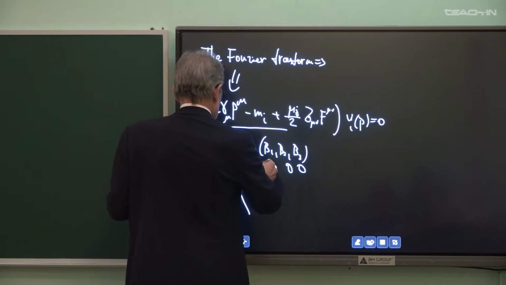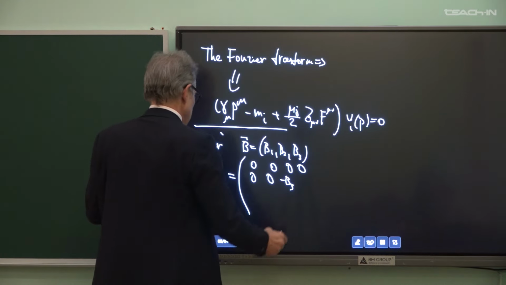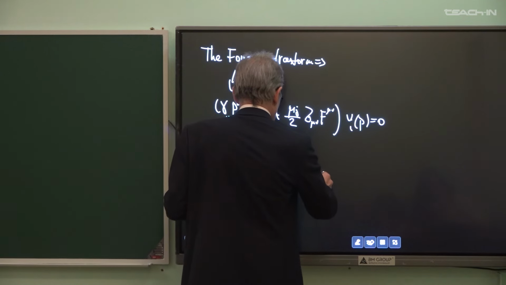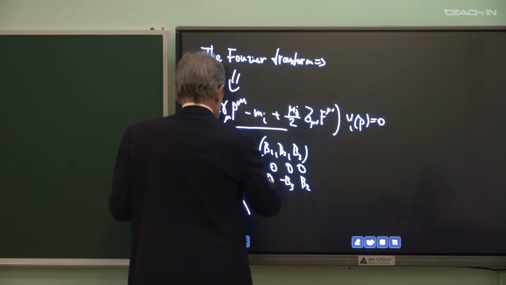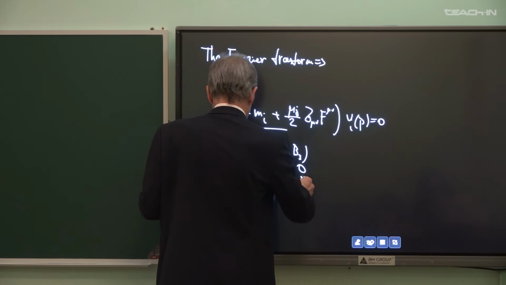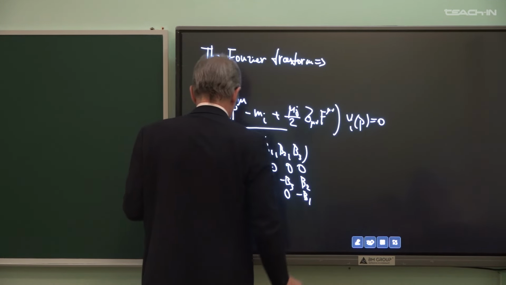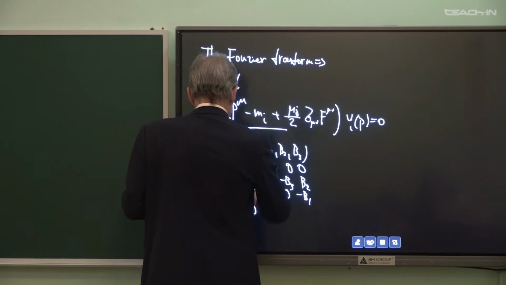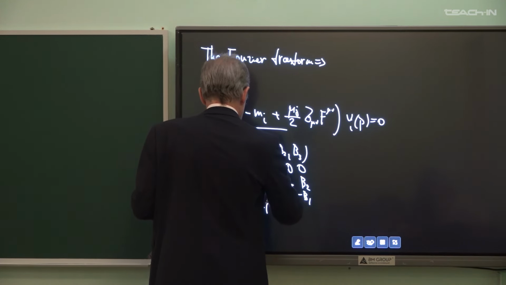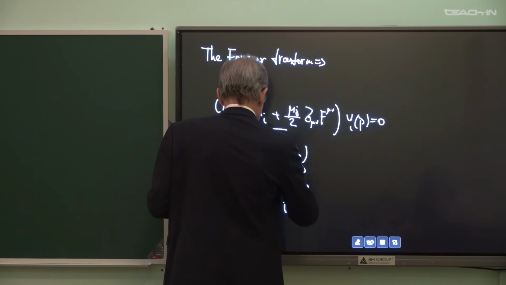Then 0 again. Here is minus the third component of magnetic field, plus the second component, 0, plus the third component, 0, minus the first component, 0, minus the second component, then plus the first component, 0.